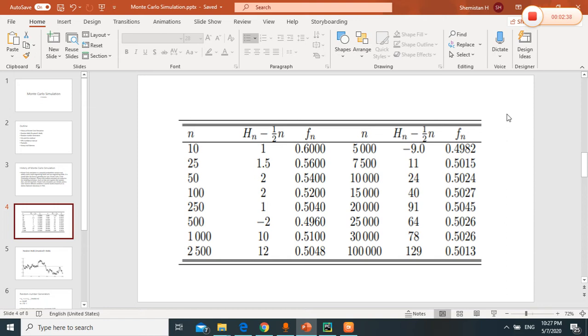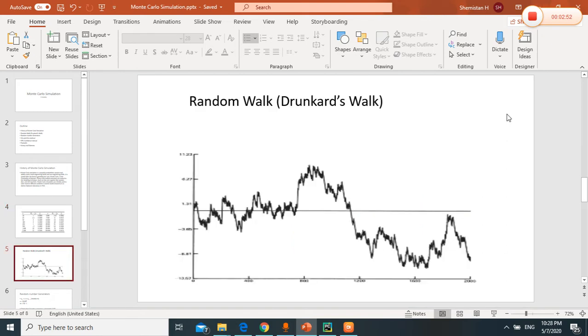It is a distribution around 0 with standard deviation square root of n, where n is the number of simulations, and it is also called a random walk.